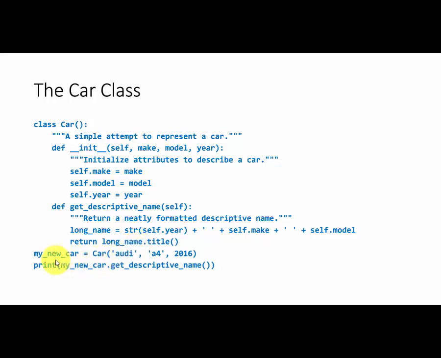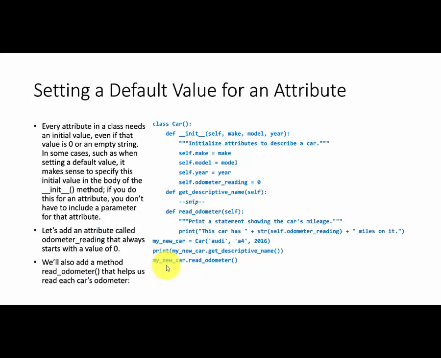So I want to call the class like this. My car instance is created. My new car is equal to Car of Audi A4, then the make. So using this instance dot get descriptive name, you can call the car function get descriptive name and print the output.